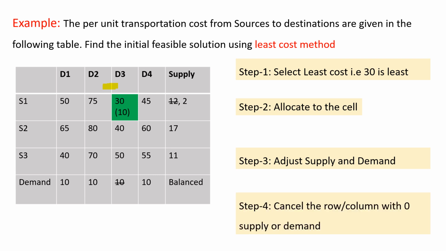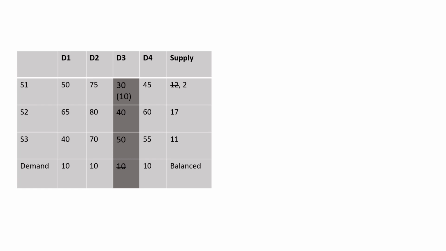Next, we have to cancel the row or column having zero demand or supply. So we can cancel this D3 column because its 10 is already cancelled. Then we repeat these steps: we find the minimum cost cell, the least cost cell.